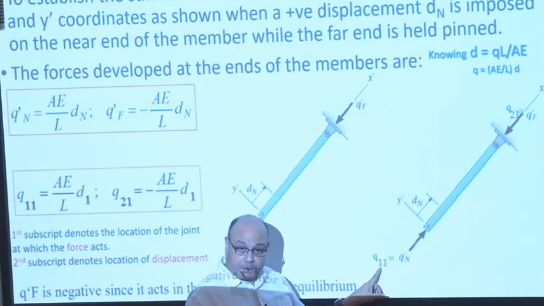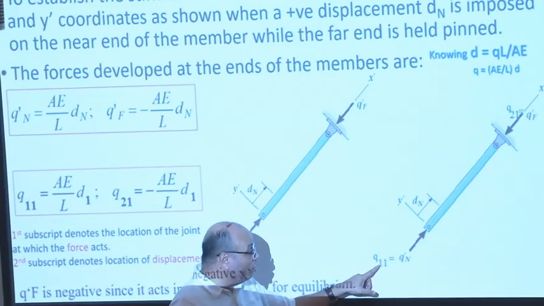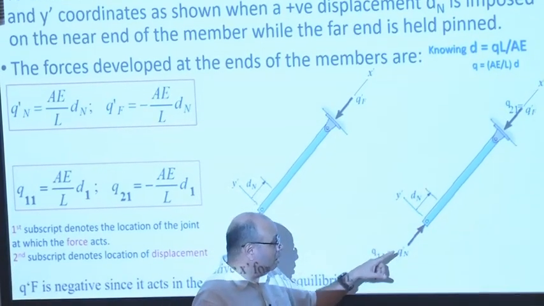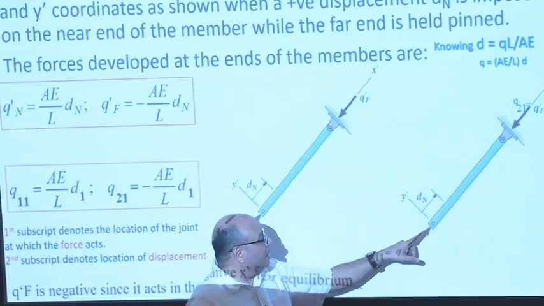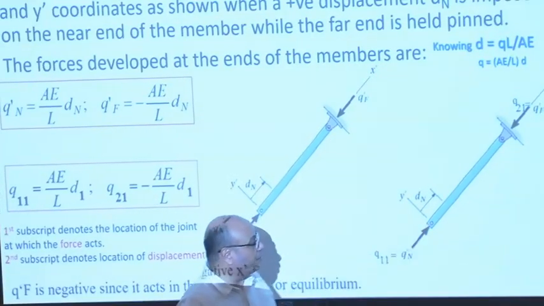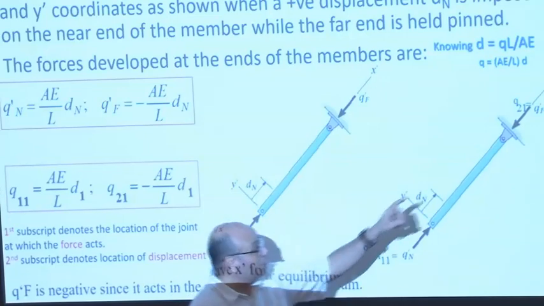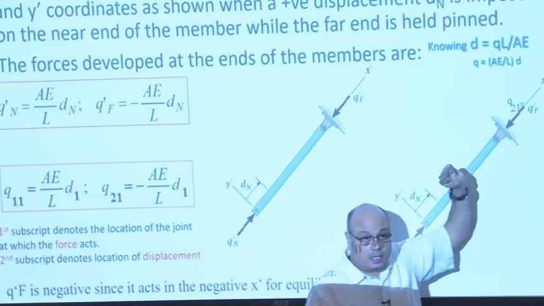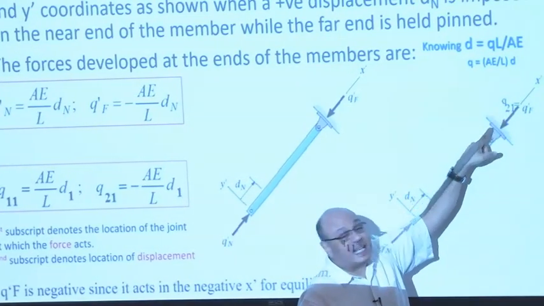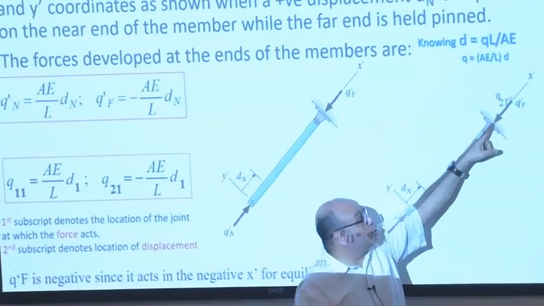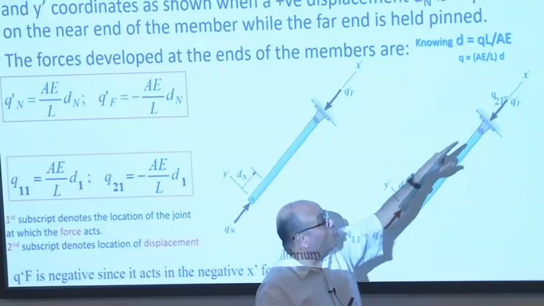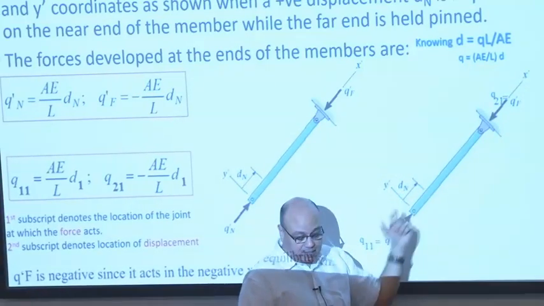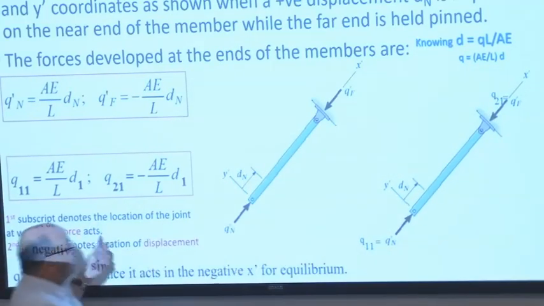The first subscript denotes the force that's developed at node 1, and the second subscript identifies the deformation at the near end. How about here? Q21 means the force developed at the second node, or the far node, due to the deformation 1 that is at the near end.